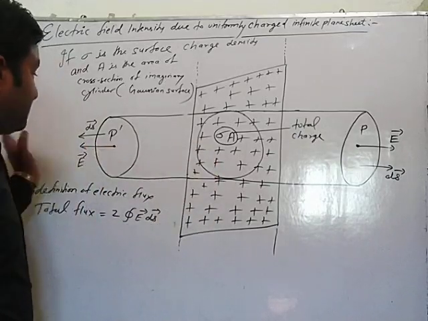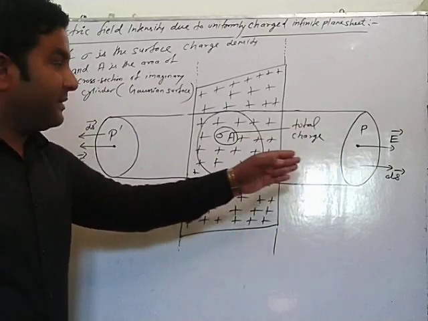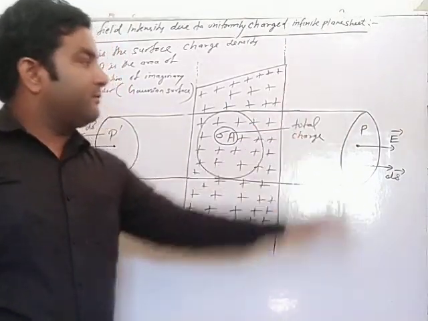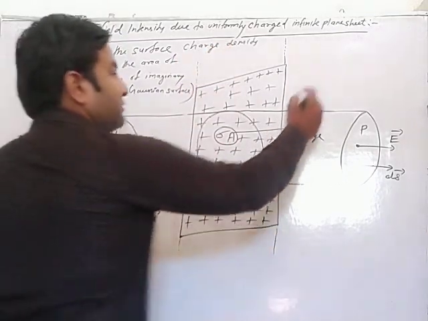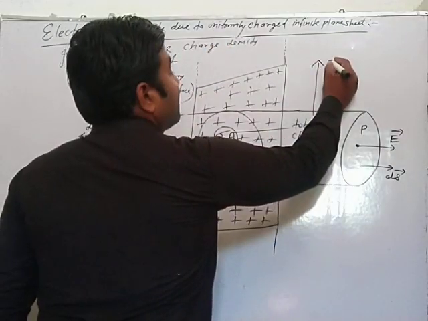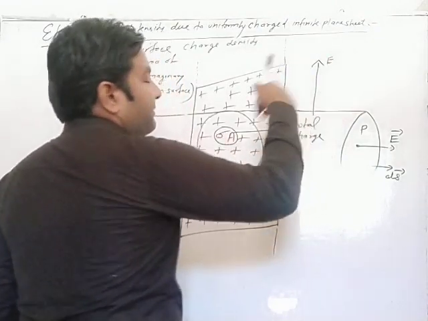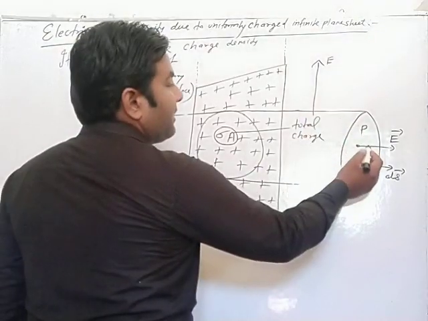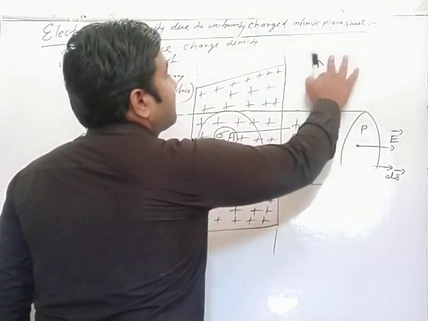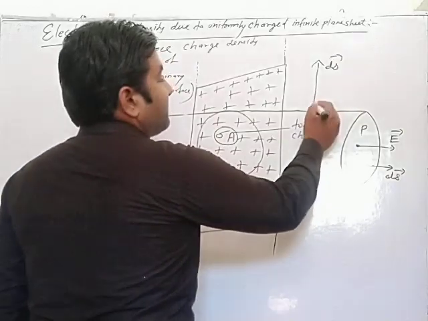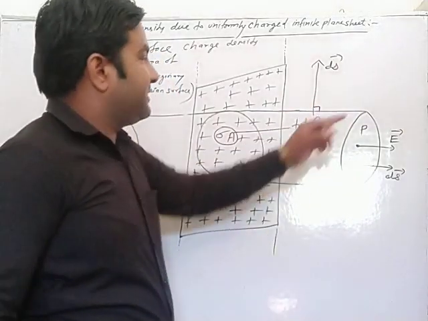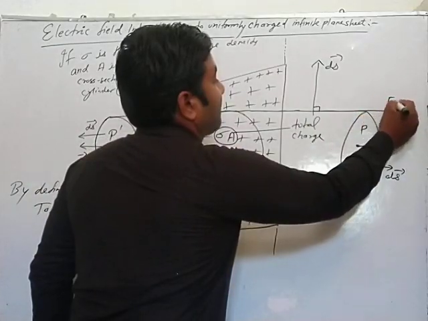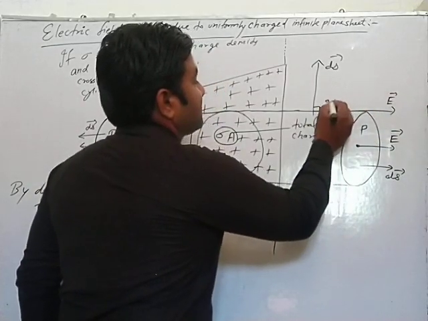Here vector E is directed towards either left or right, and due to the cross section surface we are able to calculate the value of flux. But for the curved surface area, the electric field is along the surface, so the area vector and electric field direction make a 90-degree angle.